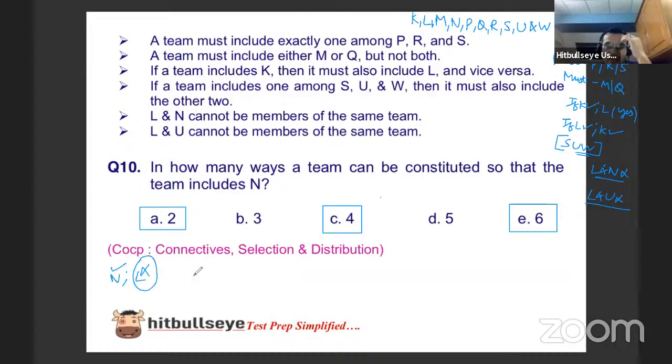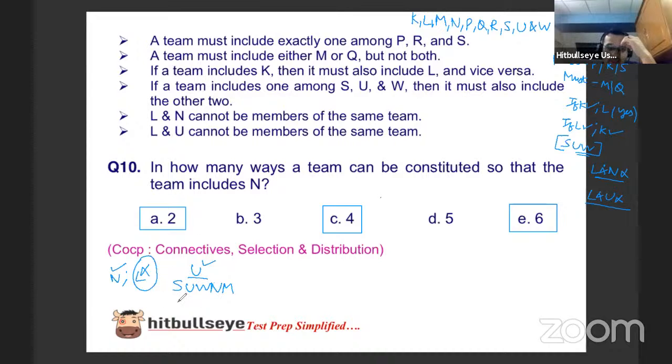So let's see, if U is coming, what are the combinations possible? S, U, W will come, and then we have N, and then we have M also, because we have to cover the first two must conditions, correct? S is coming from here and M is coming for the next one.